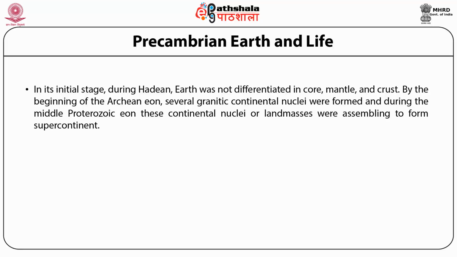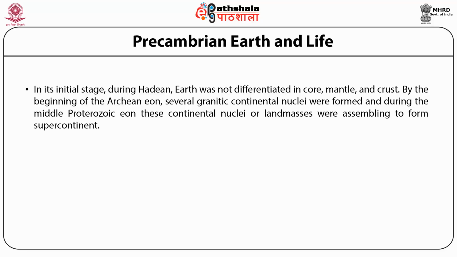were present. Once it differentiated after millions of years, internal heat was responsible for the movement of plates through plate tectonic condition. However, during the middle Proterozoic Eon, these landmasses were assembling to form a supercontinent.